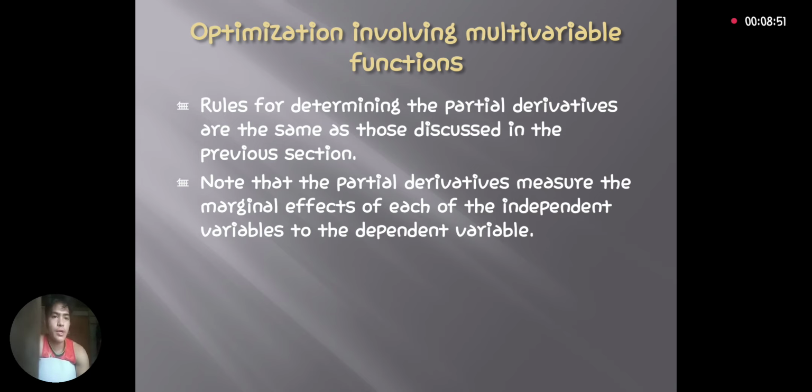The rules for determining the partial derivatives are the same as those discussed in the previous section. Note that the partial derivatives measure the marginal effects of each of the independent variables on the dependent variable.